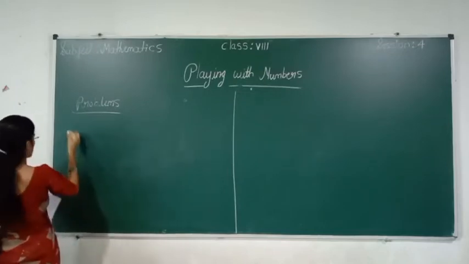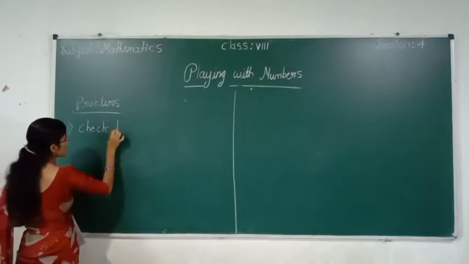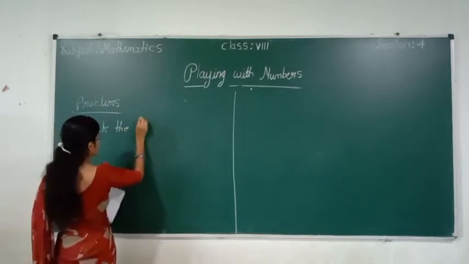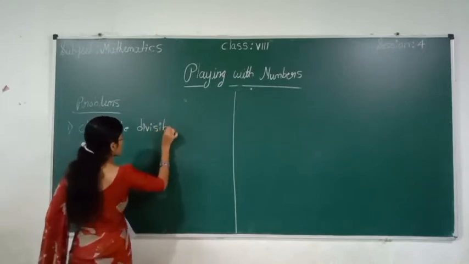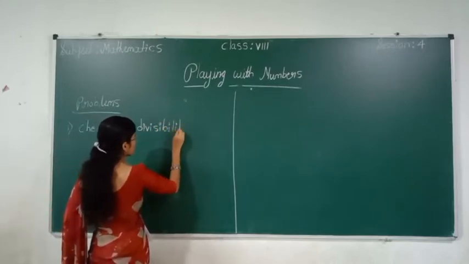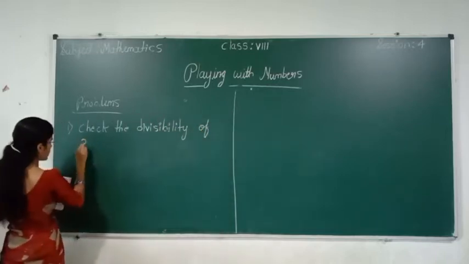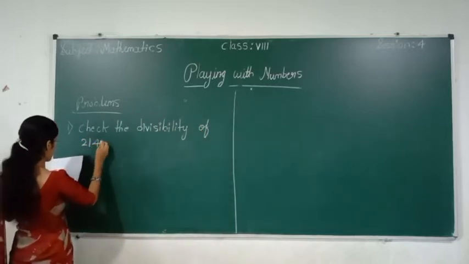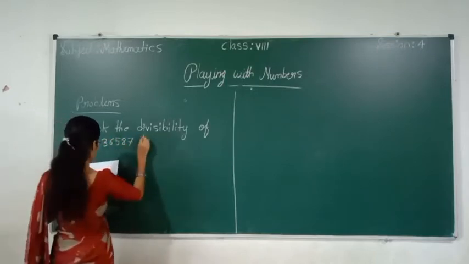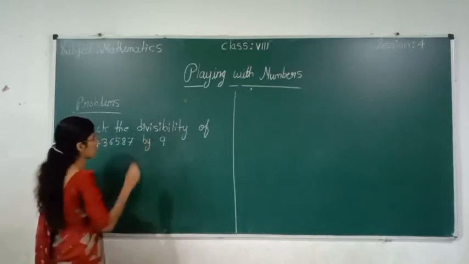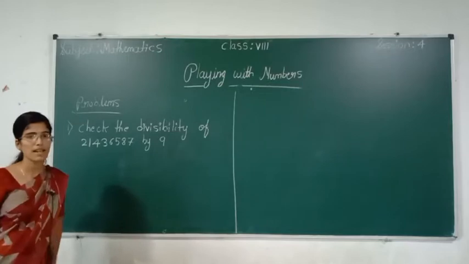The first problem is: check the divisibility of 2143658 by 9. Now we have to see whether this number is divisible by 9.